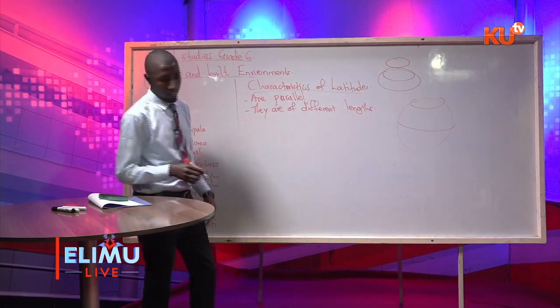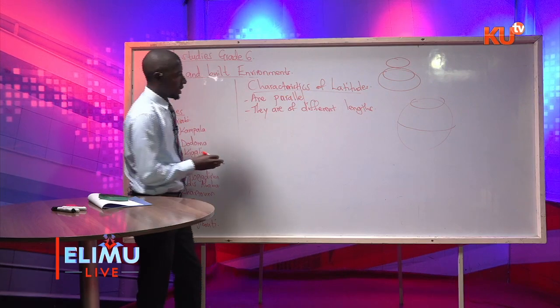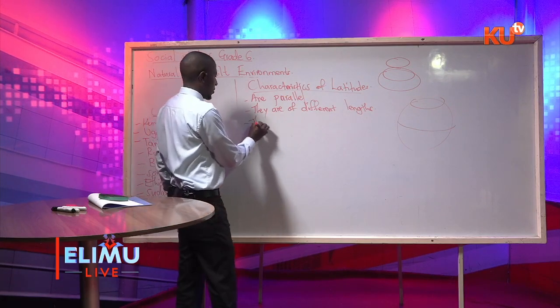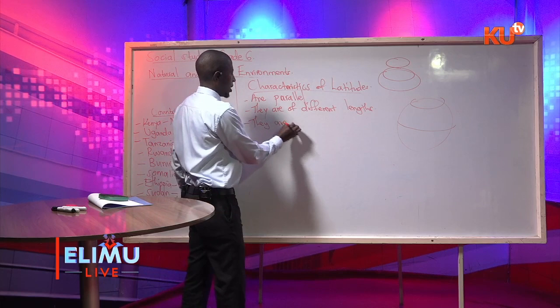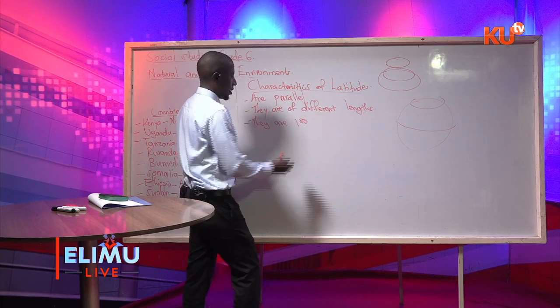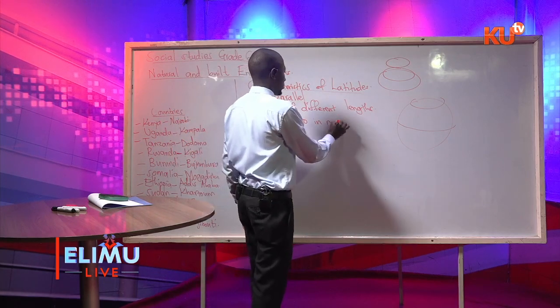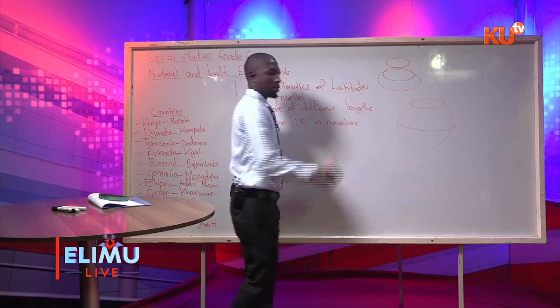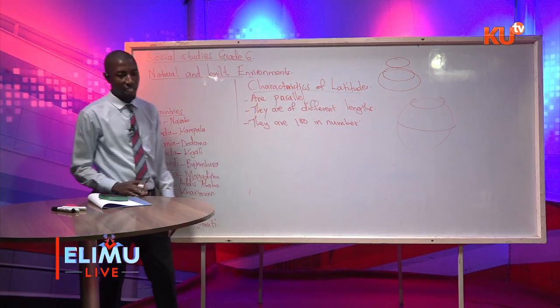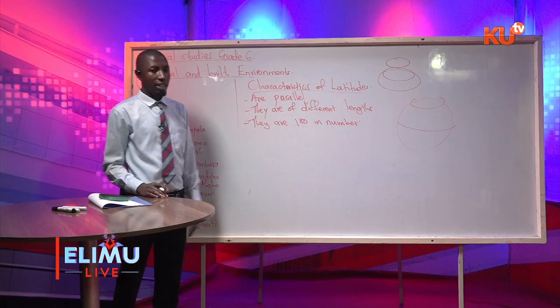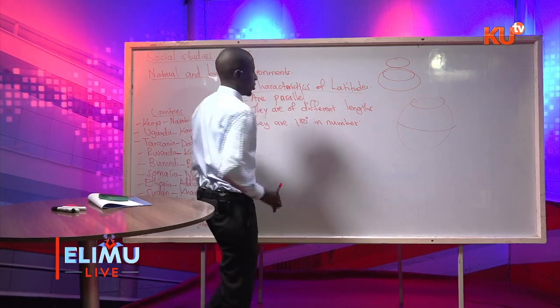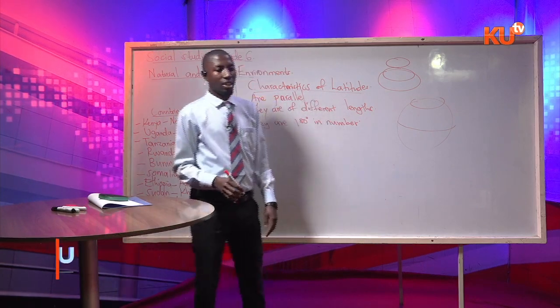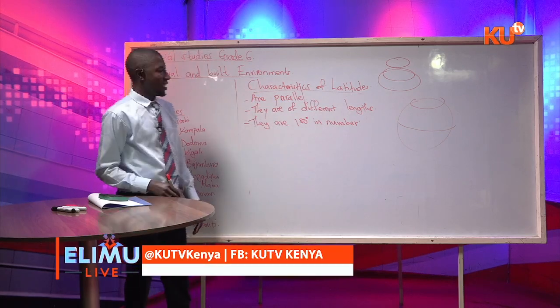Then another characteristic of latitudes is that they are 180 in number. The total number of latitudes is 180. And this is where we get the concept of 180 degrees in mathematics.